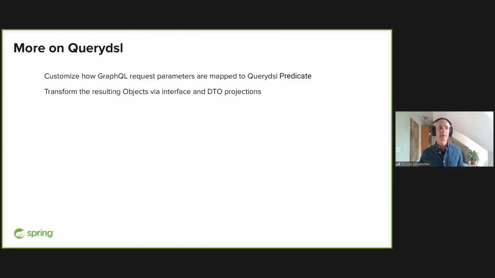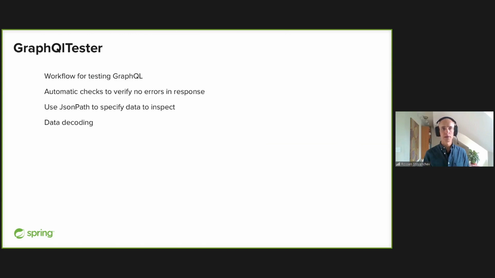You can customize what they become with an interface or DTO projections. So these are some more powerful features that you can also utilize. There is more work on improving Query DSL support that's planned, and there's also a desire to do something similar with query by example, but I'll come back to that a little bit later.